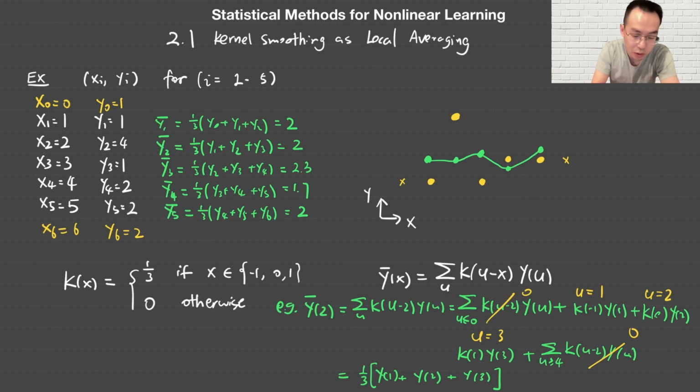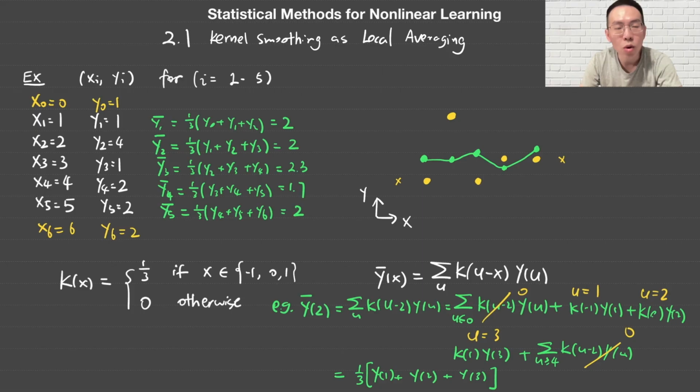Now we can interpret this local smoothing formula a little bit more. A nice way to think about this function k is that it can be thought of as a detector. Let me just draw a picture here. This is our function k. For this local averaging formula, we're basically just sliding this detector to the right as we move to different x values.